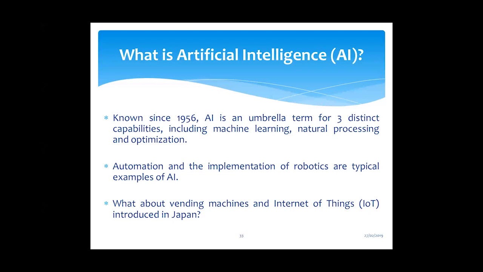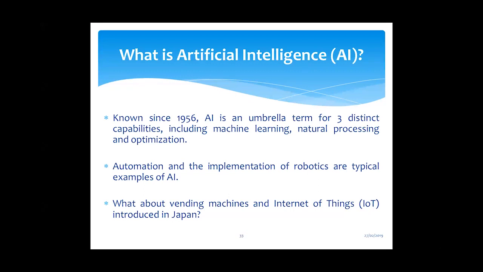Automation and implementation of robotics are typical examples of artificial intelligence. If you look at the modern food industry, they tend to bring in robots to run the production line.